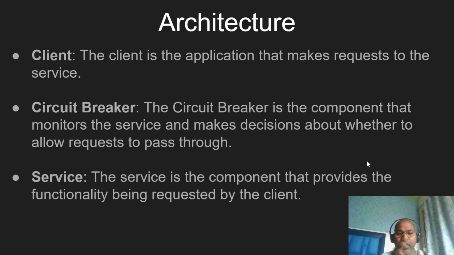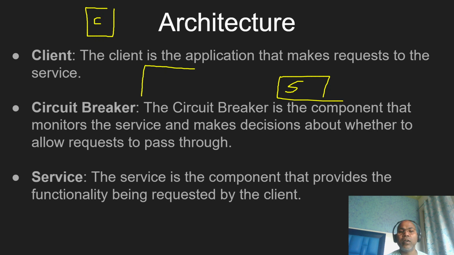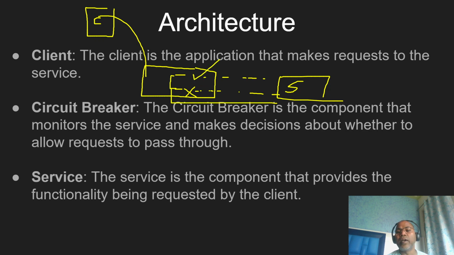So from the architecture point of view, the circuit breaker is very simple, and it has only three components: our client, our service or microservice, and the circuit breaker component. A request comes in, and there are some conditions that decide when it is allowed and when it is not. The condition decides, hey, I am blocking this request, or allowing this request, or let's retry.